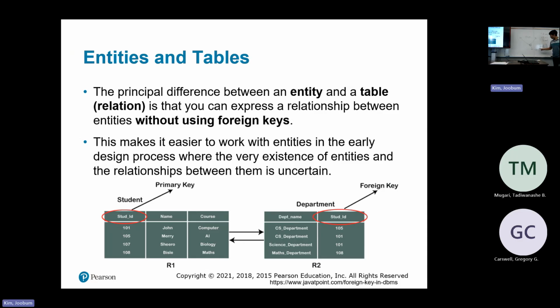But when you create a relation or the table using SQL, the language, we have to specify this is a primary key, this is a foreign key, something like this, to connect the tables. Okay, but in an ER diagram, we don't have to add the foreign key, only just draw a line. The relationship shows the relationship.